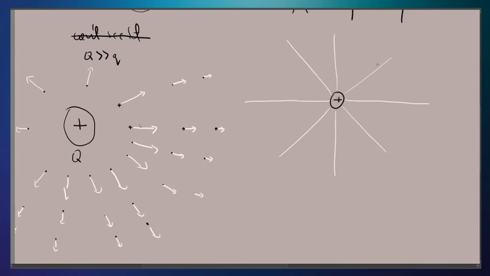And I can indicate the direction of the effect of the electric field by doing this. And of course, what do I have between these two lines? More lines. So if I wanted to, I could add more lines, one more here, another here, and so on.